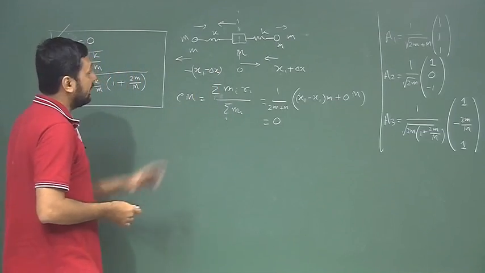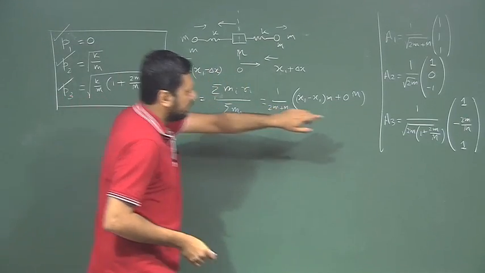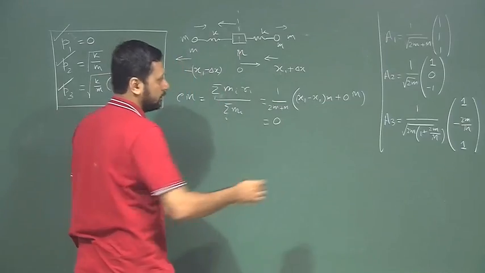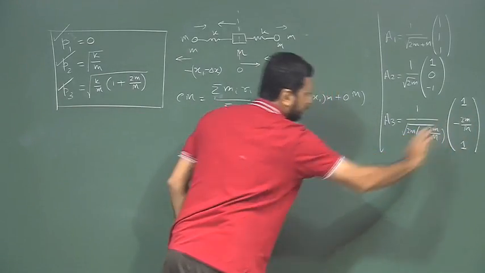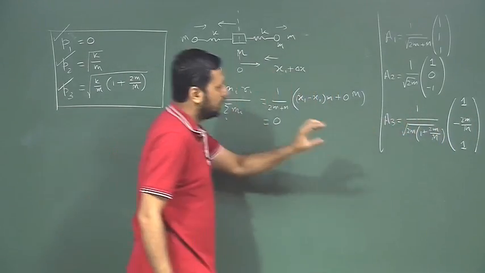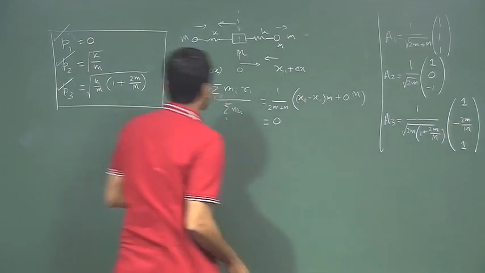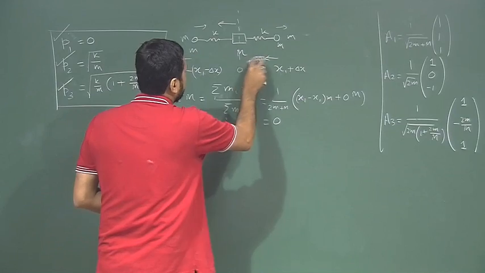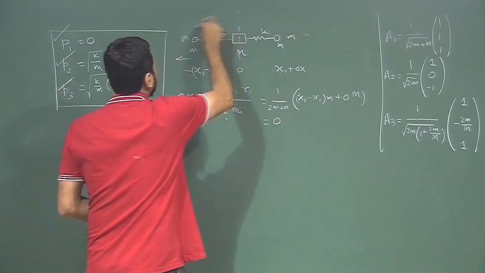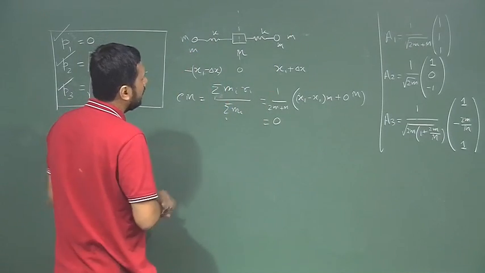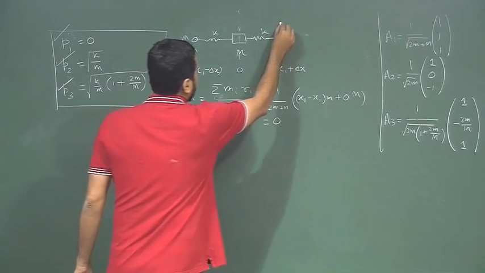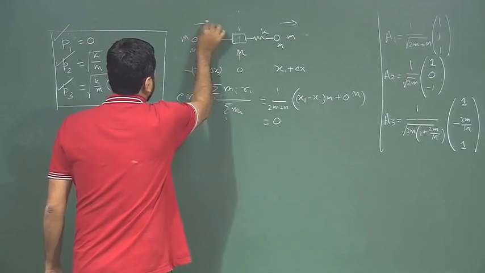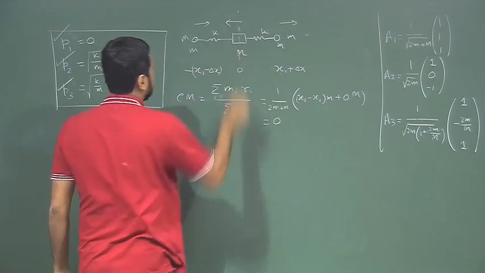And from the normalization, from this relation, it does not matter if it is normalized or not. We are discussing a situation, do not be confused, where this one is going this way, this one is going this way and this one is coming this way.